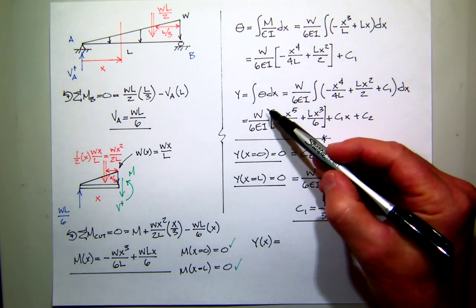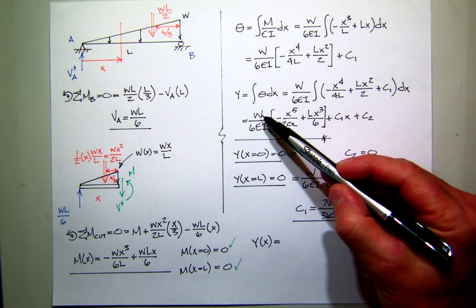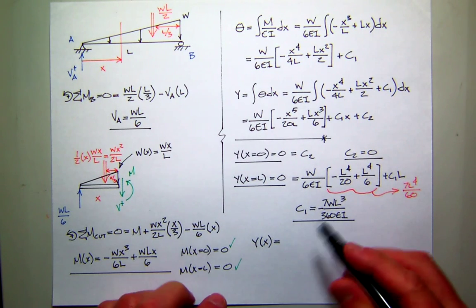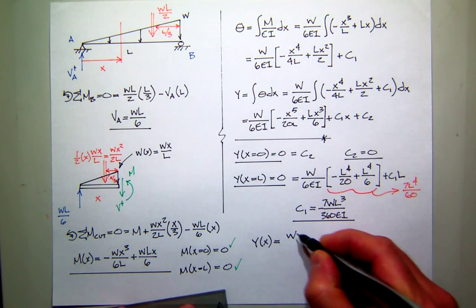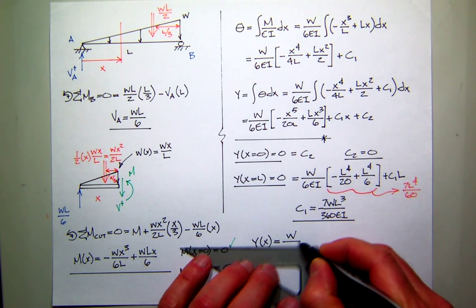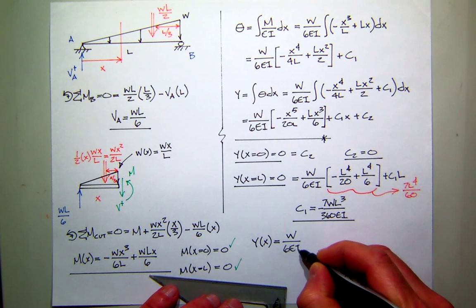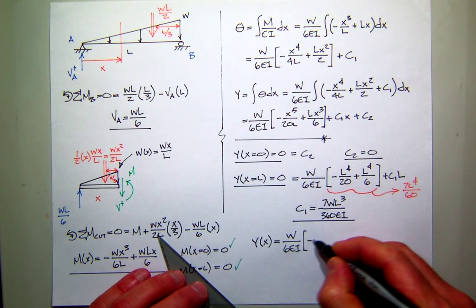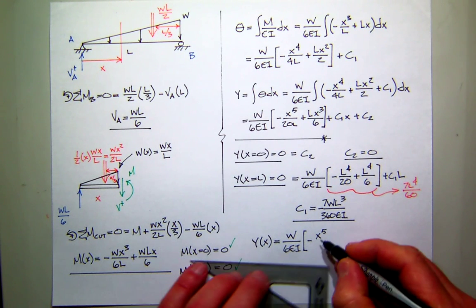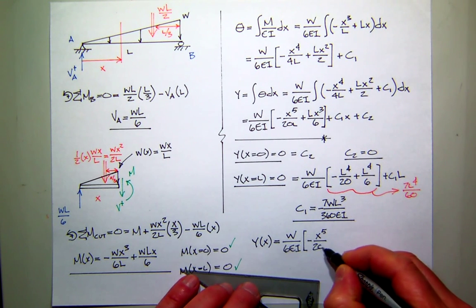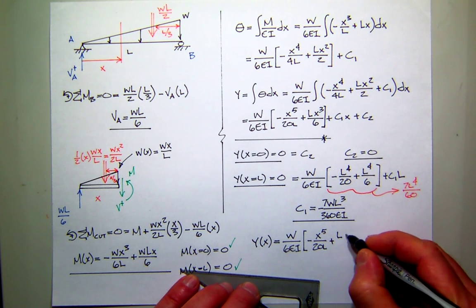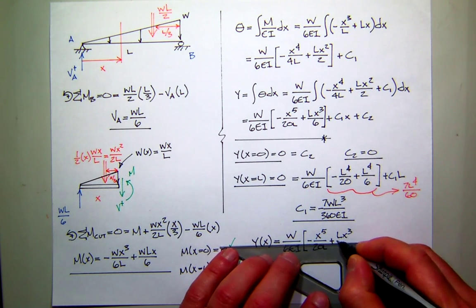So that means that my final equation for displacement, if I'm still factoring out W over 6EI to match these other terms, I can pull that W over 6EI out of here. So I'm going to have W over 6EI. I'm just rewriting what I've already solved. So that's minus x to the 5th over 20L plus x L cubed over 6.